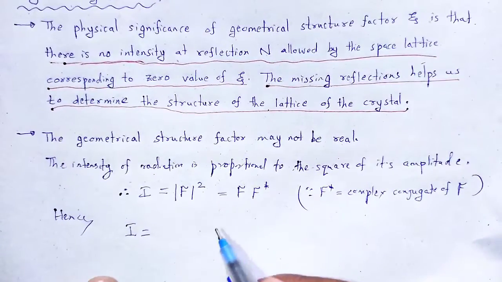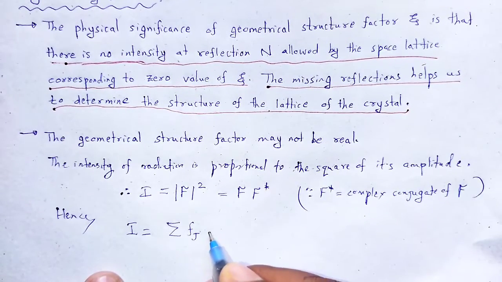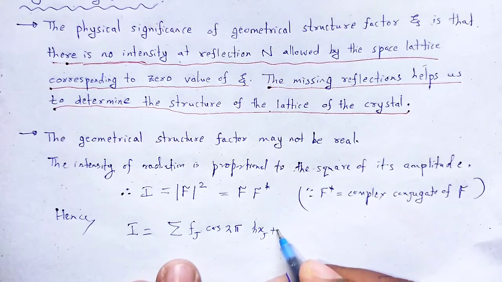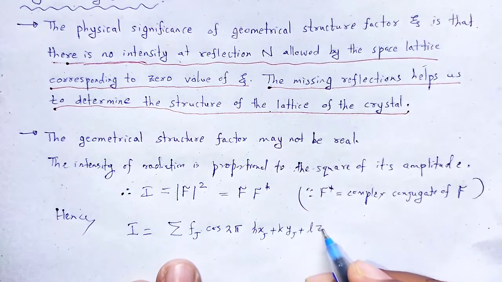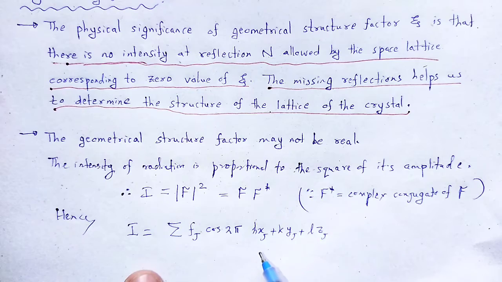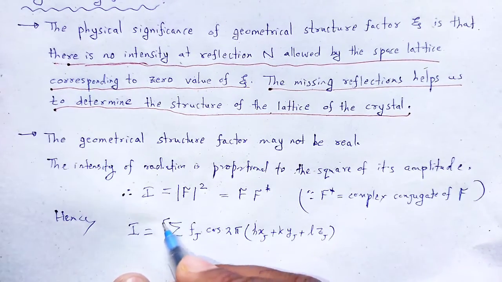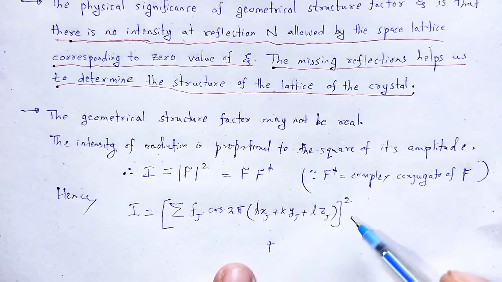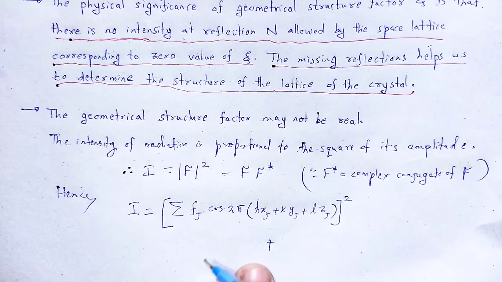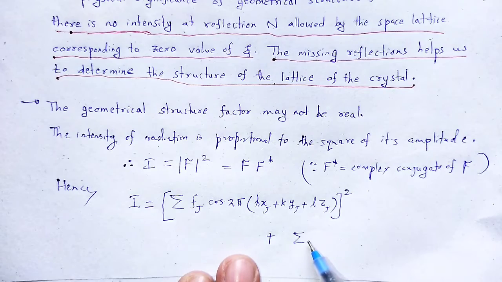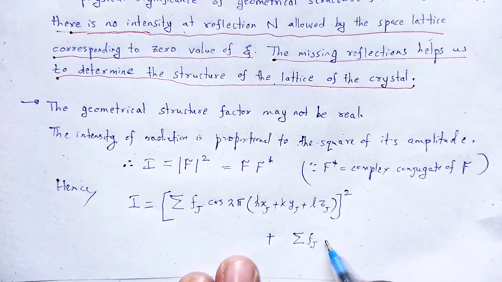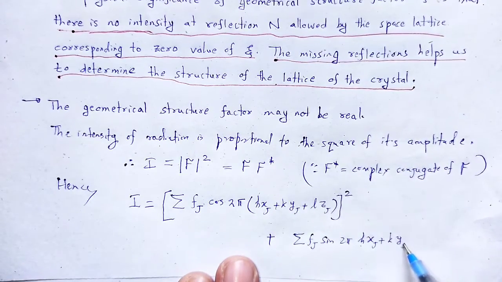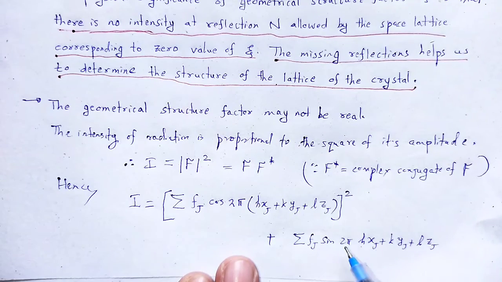So the intensity is equal to summation over j of f of j cos 2 pi (h xj plus k yj plus l zj), its square, plus i sin theta and its magnitude as summation over j of f of j sin 2 pi (h xj plus k yj plus l zj).